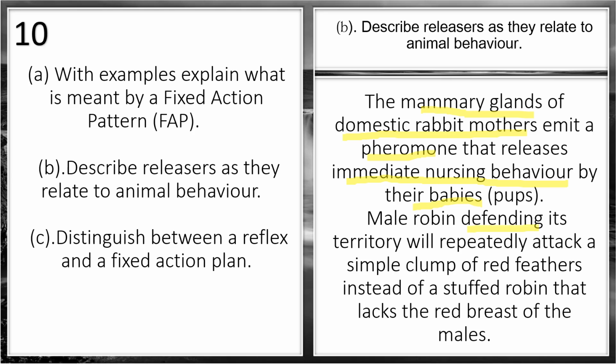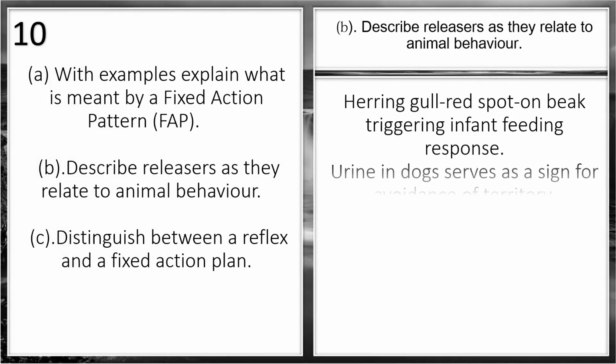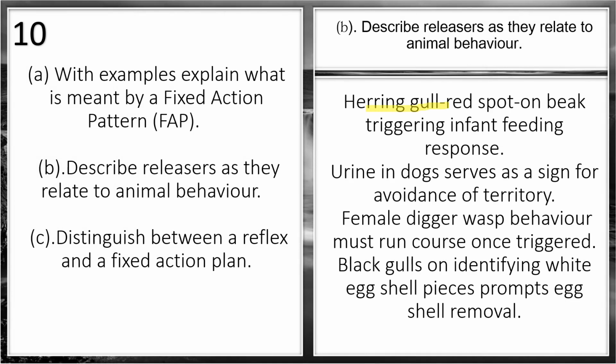A male robin defending its territory will repeatedly attack a simple clump of red feathers, instead of a stuffed robin that lacks the red breast of the males. In the herring gull, a red spot on the beak triggers the infant feeding response.